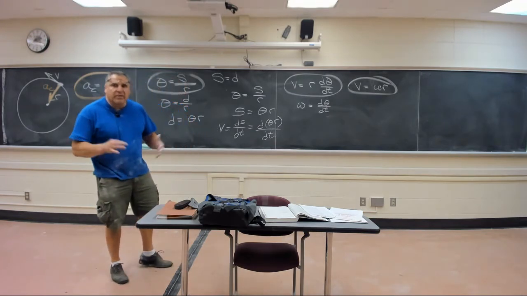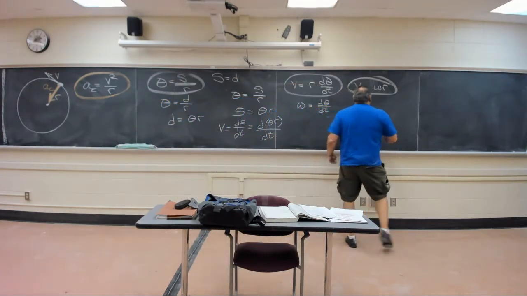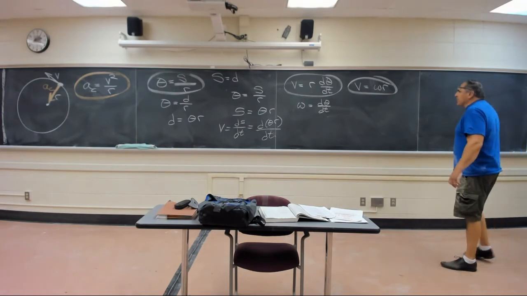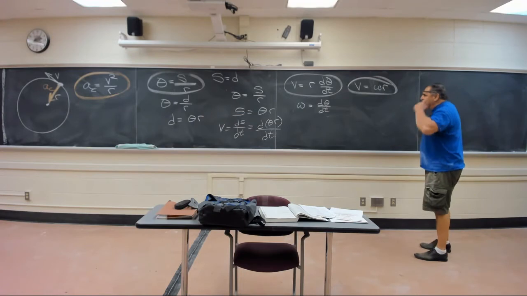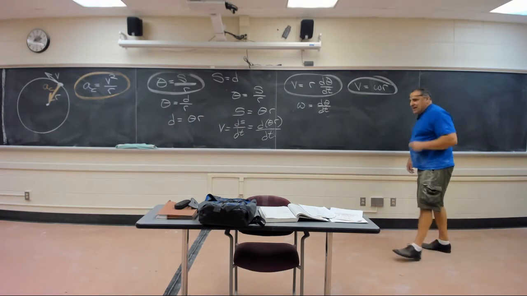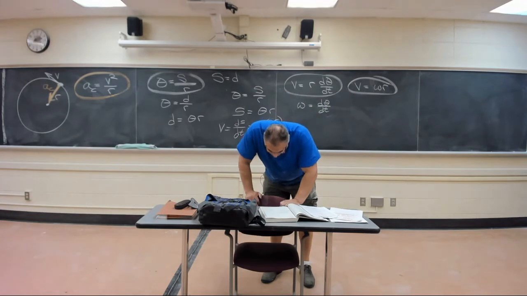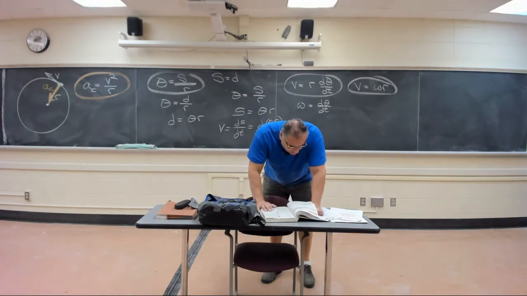The radian is the most natural to use. V is equal to omega times R. So that's interesting. We kind of entered this thing, so we might as well talk about it a bit.